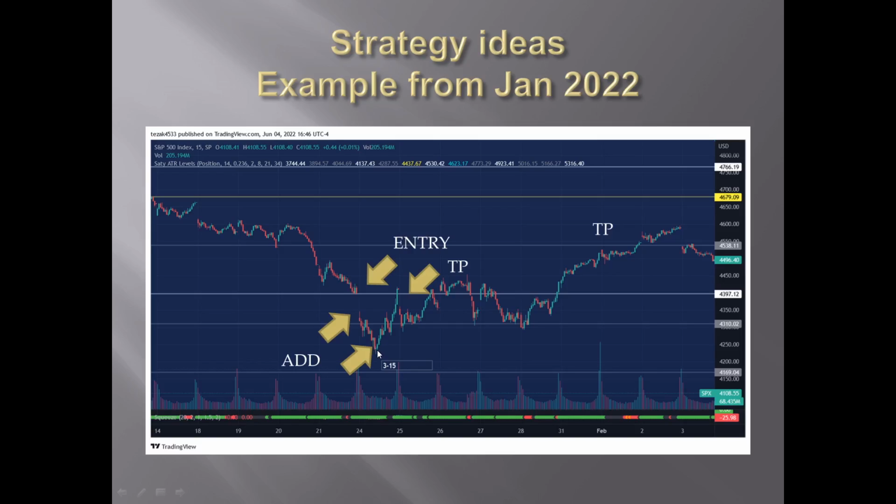All right, so if you were feeling spicy, you could add down here. You clear it. Even clearing this first extension might be a good place to take profits off here. You don't really know what's going to happen, so I would consider that. Right, and now, boom, I've cleared the -1 ATR, take some profit.